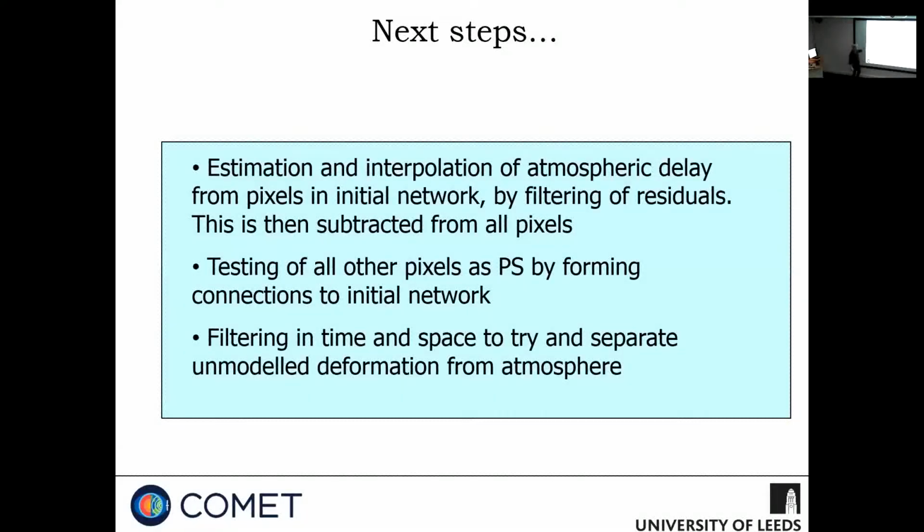And the final step is what I mentioned right at the beginning: you can try to get rid of some of these spatially correlated noise terms, which basically act as atmosphere, by doing some filtering in time and space. This helps you to separate out deformation.